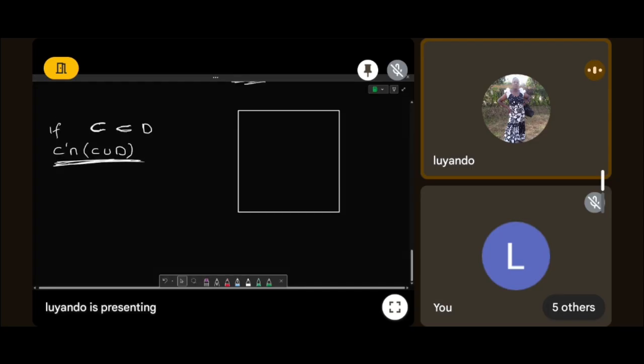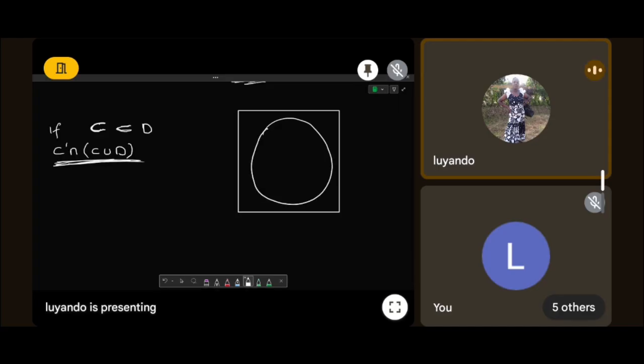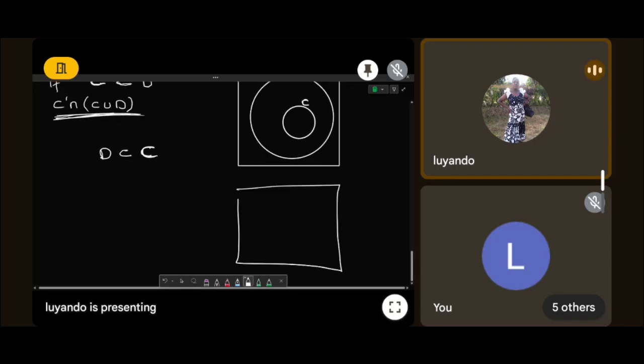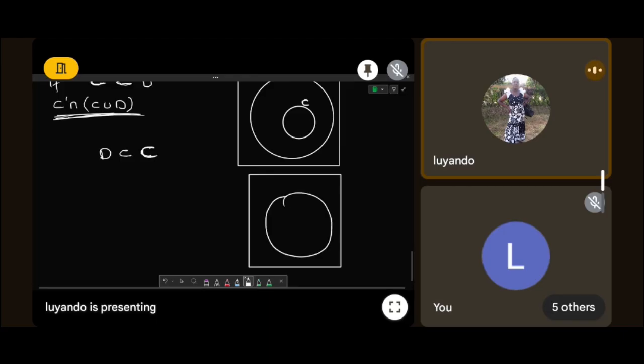If we have our Venn diagram like this, we have set D. If C is a subset of D, it means that you've got D as the main set, and C is a set which is inside D. If it was the other way around, if it was D a subset of C, it would have meant, let me quickly draw a Venn diagram here, that C was on the outside and D was on the inside. We understand?